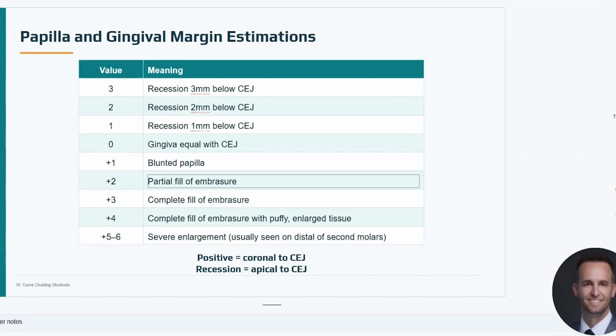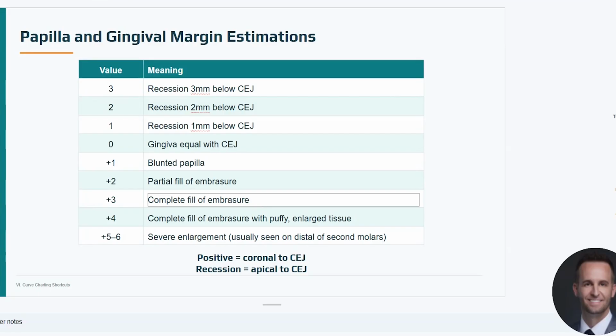But the vast majority of patients, even SRP patients, are going to have lots of positive values because that gum tissue is going to poke up above that CEJ, and we need to know how to mark it. If you look at it in relation to that embrasure, how much of the embrasure gets filled in, if it fully is filled in, +3. If it's blunted, +1. Partial fill, +2. It makes it really easy.